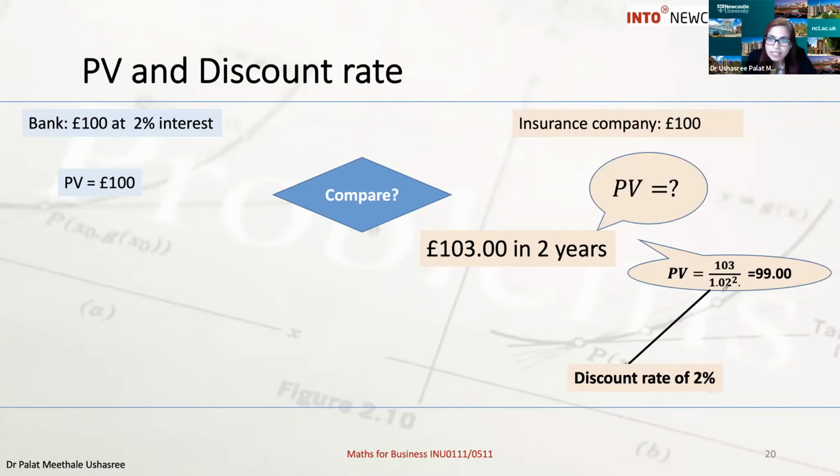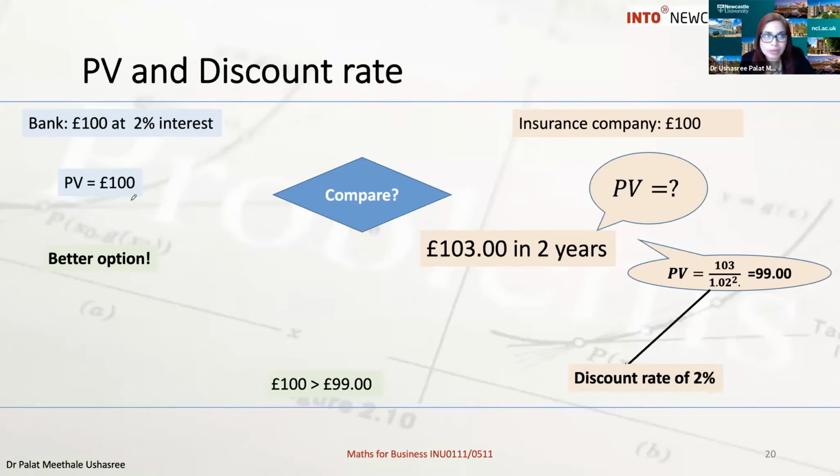So what we are doing here is we discounted the 103 pounds by a discount rate of 2%, isn't it? And we see that the present value is 99 pounds, which is less than the 100 pounds which the bank is giving.